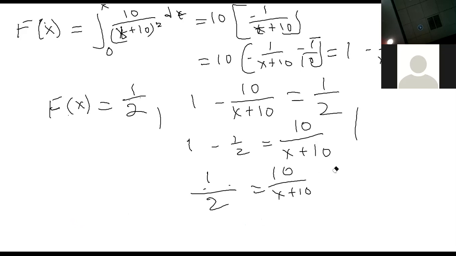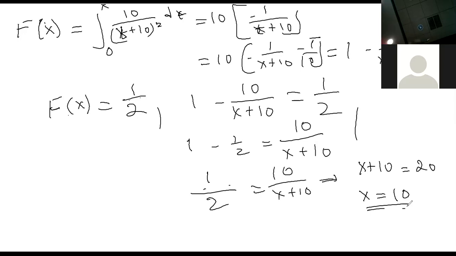So this implies x plus 10 equals 20, x equals 10. You know why I knew it was wrong? Because we were getting a negative number, and a median cannot be out of the range of the random variable.